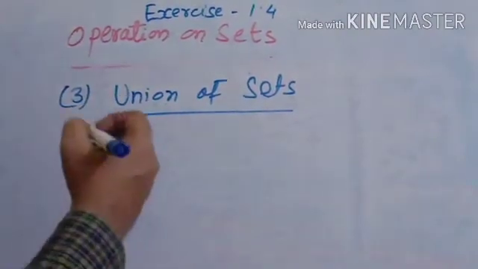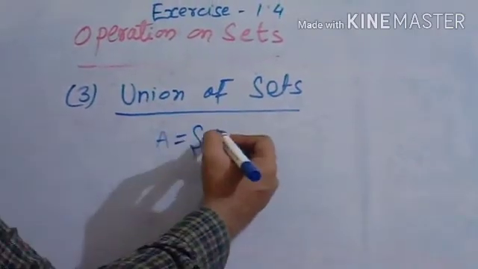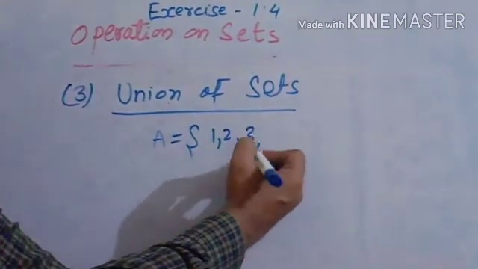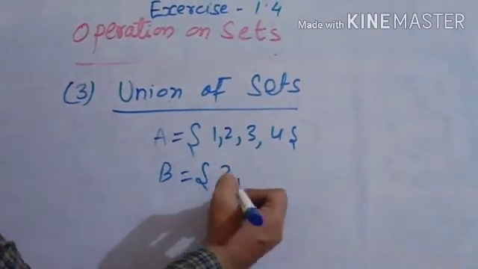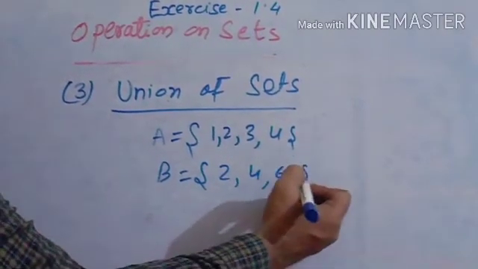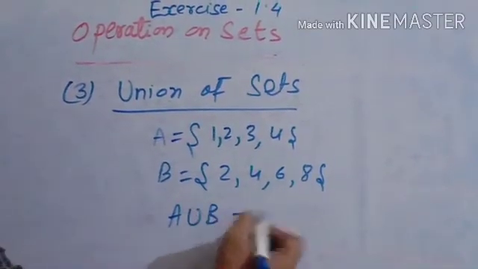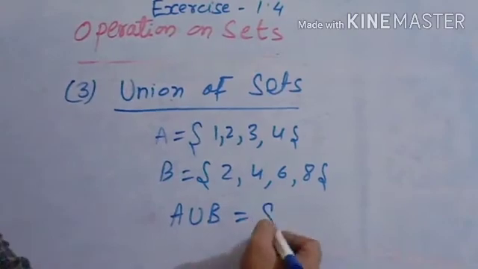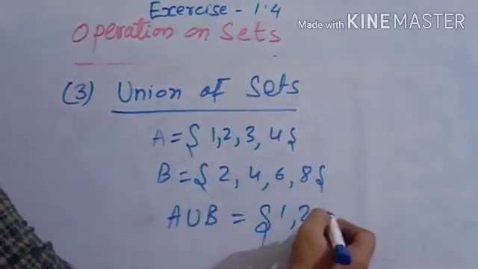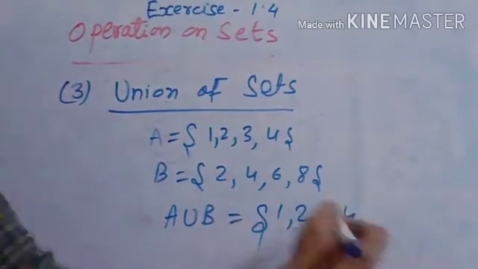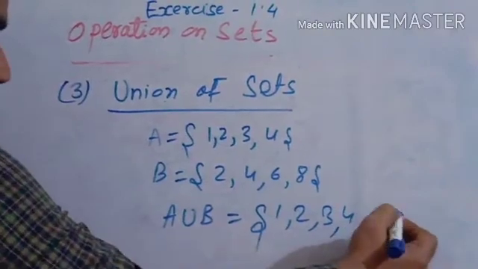For example, A is equal to 1, 2, 3, 4 and B is equal to 2, 4, 6, 8. Now we combine both the sets: 1, 2, 3, 4, then 2 and 4 have already come, then 6 and 8.